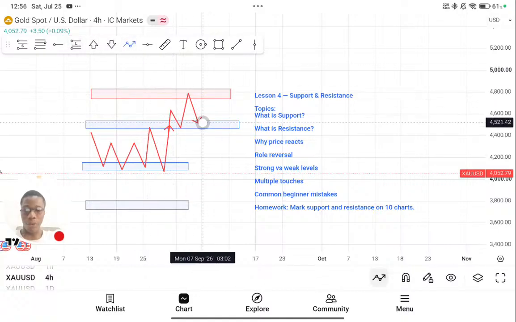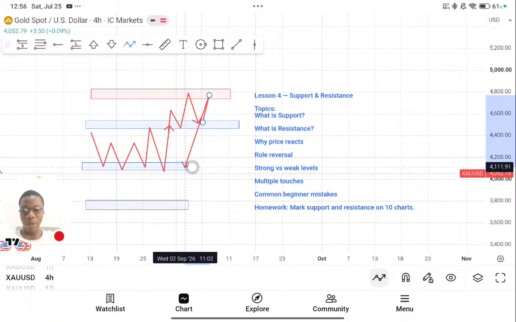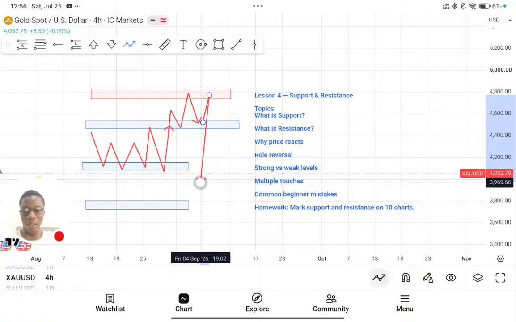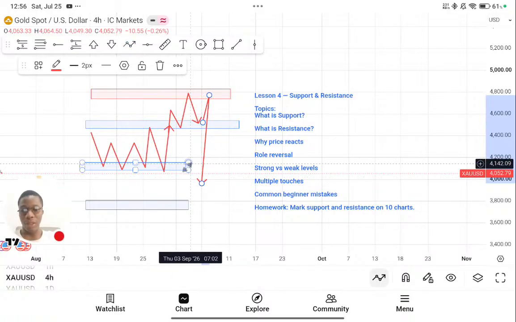Let's take it from here. This guy that was a resistance is now a support, and if this guy fails, maybe comes down, and this guy fails again, the same concept applies.